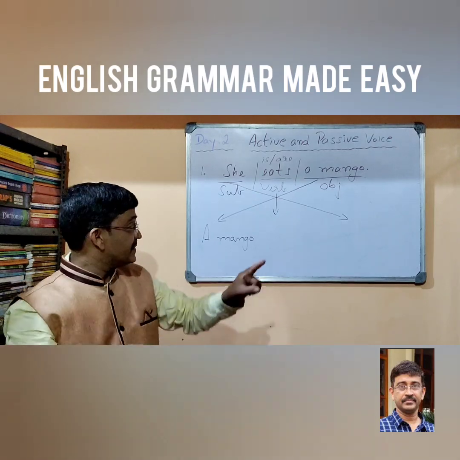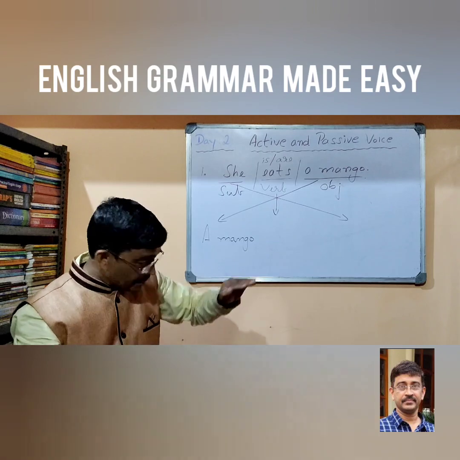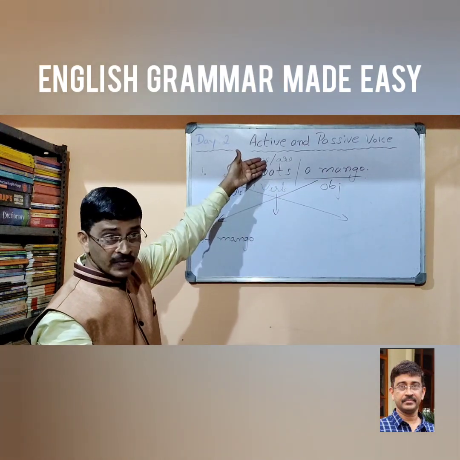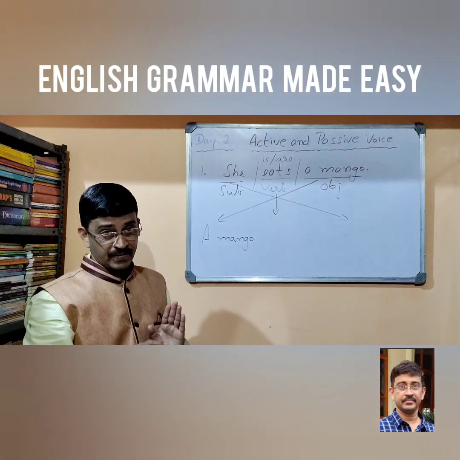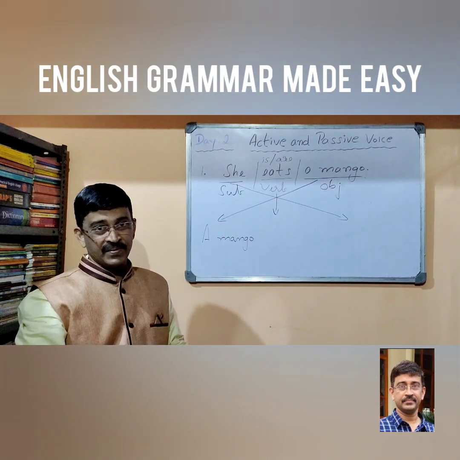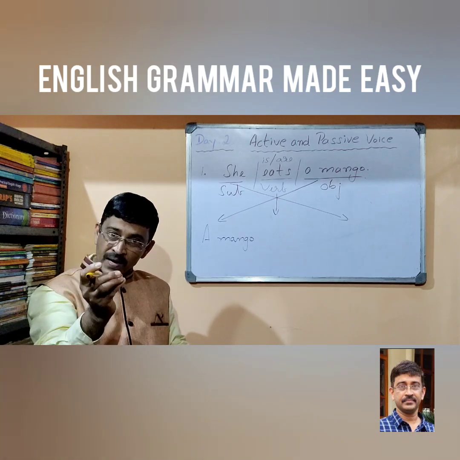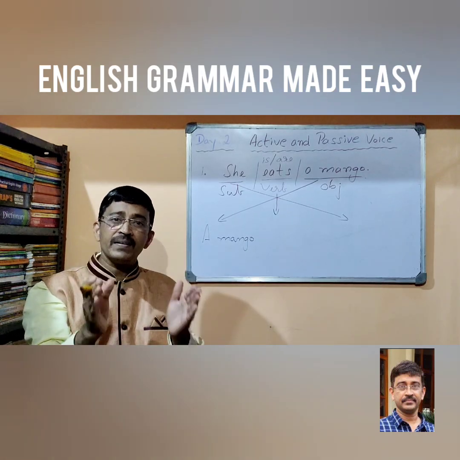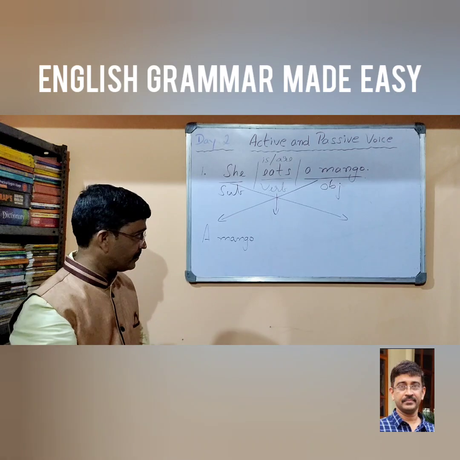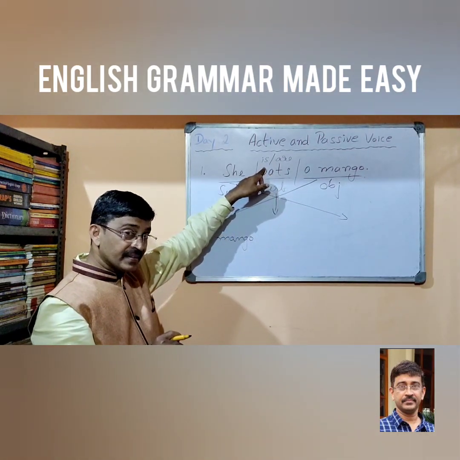Remember, if the main verb is in present form, above the verb you are going to write is, am, are. Is, am, are. Come on. Next step, you have to think twice because it is the very, very important step. Which helping verb are you going to take?